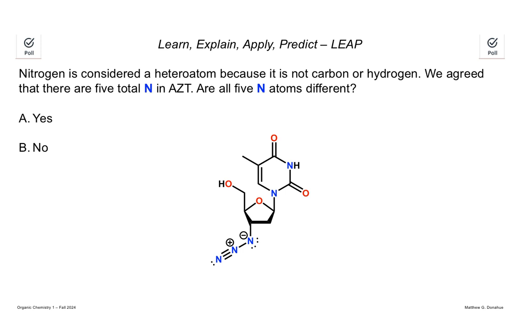So yes, the nitrogen atoms are all different because they're bonded to different things. And again, the point of that is you have 5 of them, they're all 5 different. They're in different functional groups based on their bonding patterns. So yes, they are different.